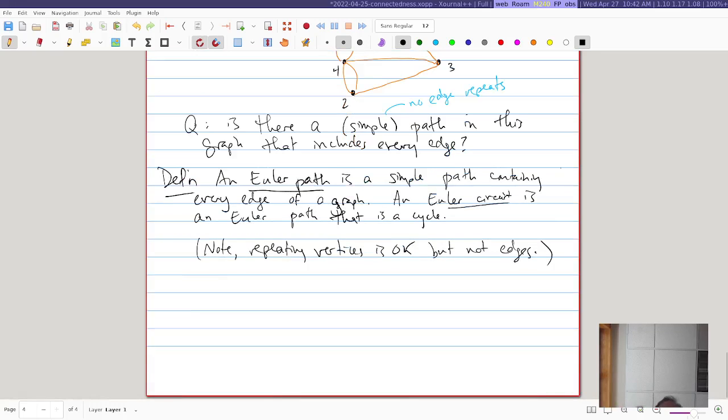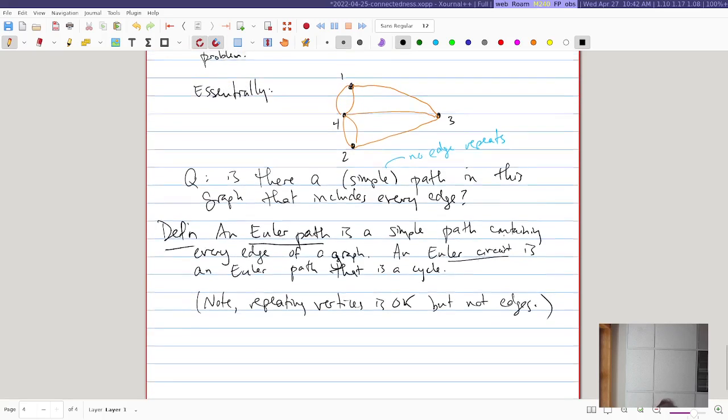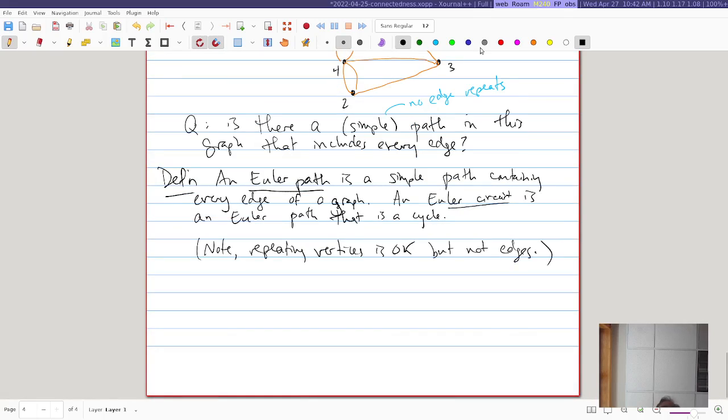All right, let's just brainstorm some examples. Can someone give me an example, or a few examples of graphs that do have an Euler path? We don't know about this one yet, but let's see if we can think of some simple graphs that do have an Euler path. Okay, 2 dots with 2 edges.